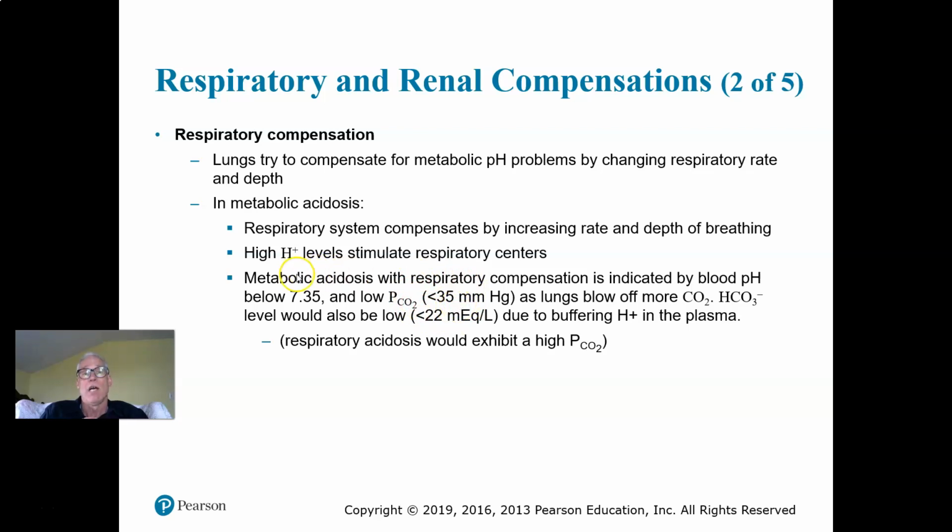So if we have an acid pH of the blood, and we observe that the partial pressure of CO2 is lower than normal, we know that this is a metabolic acidosis and that we're having a respiratory compensation. So just looking at the right variables, we can diagnose at least the class or the type of pH imbalance that we're dealing with.